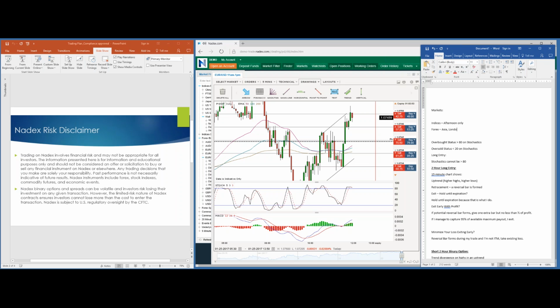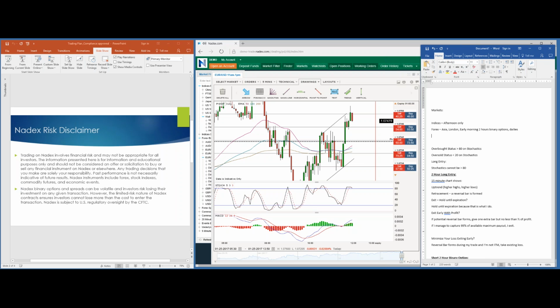I love trading London, and I like early morning, and typically they're on 2-hour binaries. And I do some dailies on those because we have so many dailies offered. Okay, what time frames are you going to use? Okay, I like to use a 15, a 60, and a 240.